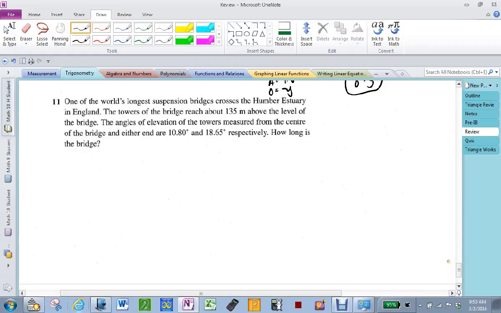Now, on your provincial, could you ask a teacher what a suspension bridge is? Do you think? You can. A good teacher will tell you because they know that that doesn't affect the math. Unfortunately for you, your invigilators are often not math teachers.